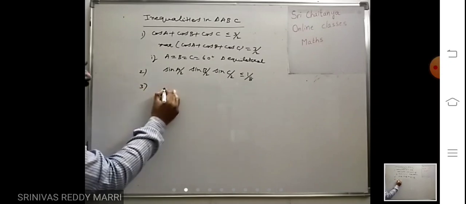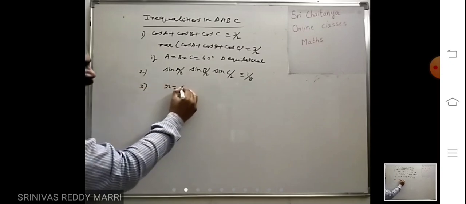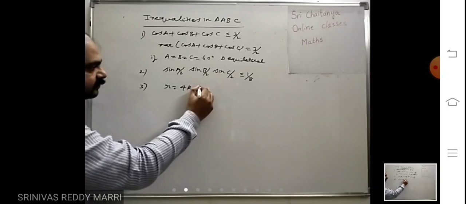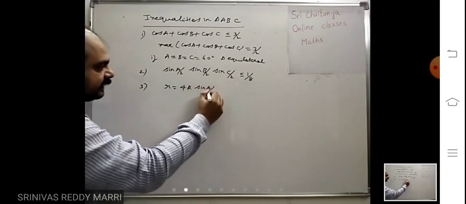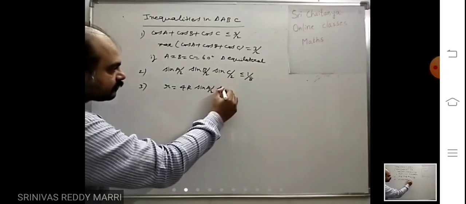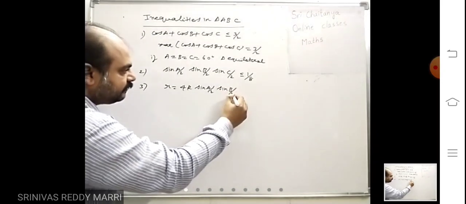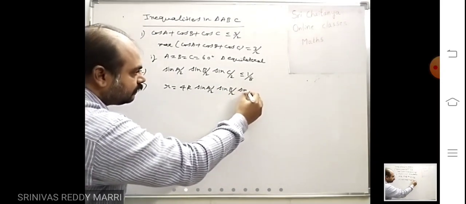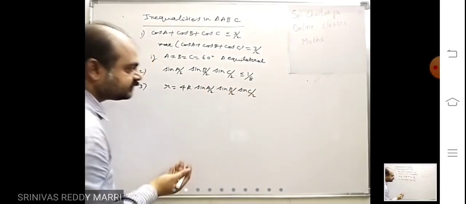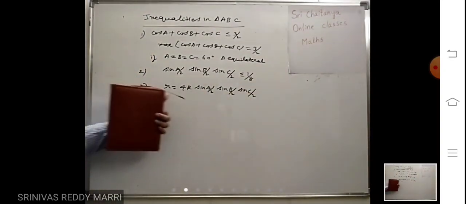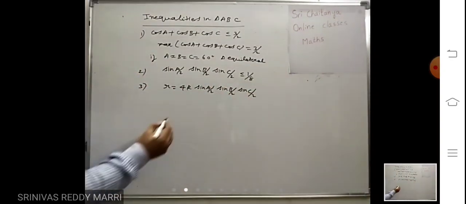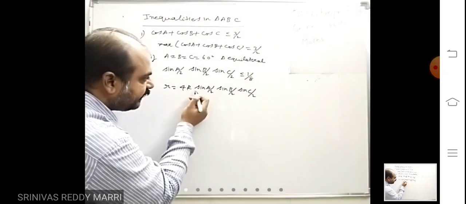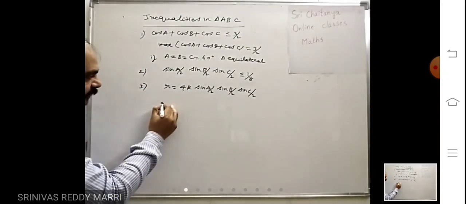Look at here, by using these inequalities, how to use them whenever they come. The inradius formula is r = 4R sin A by 2 sin B by 2 sin C by 2. Now you can say that sin A by 2 sin B by 2 sin C by 2 is less than or equal to 1 by 8.